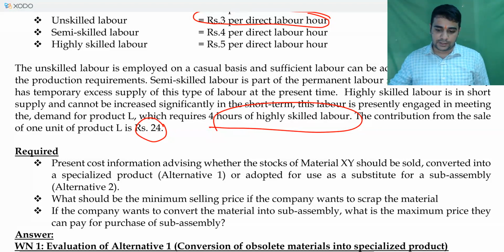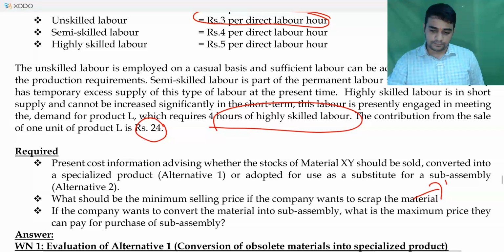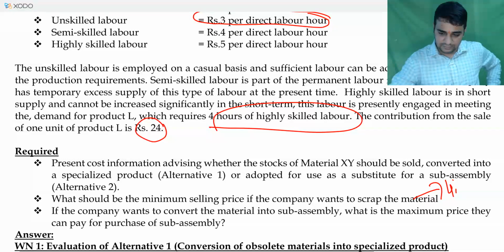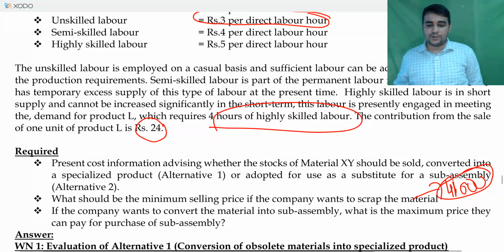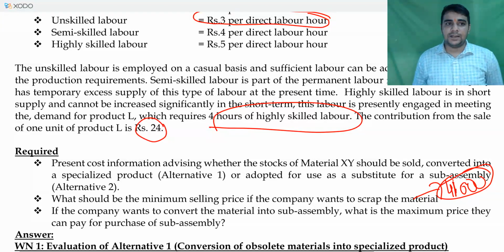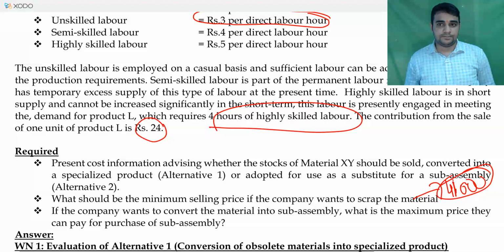So you can write 41,000 is the minimum selling price if you want to scrap the material.